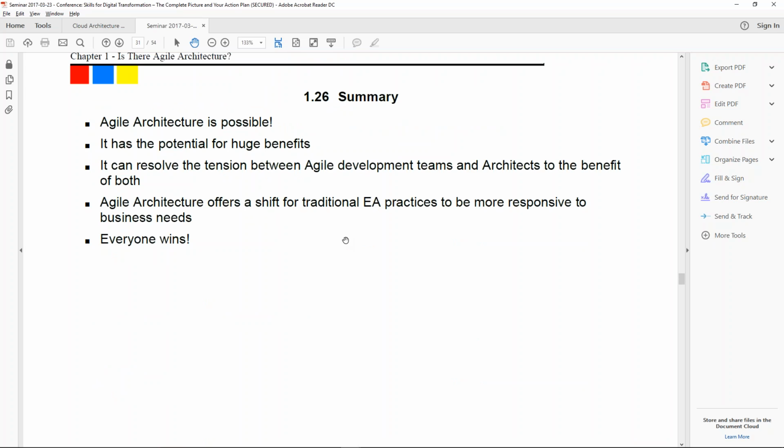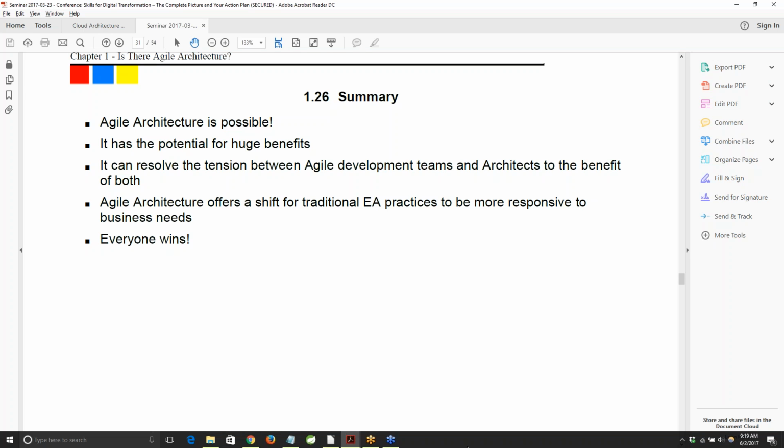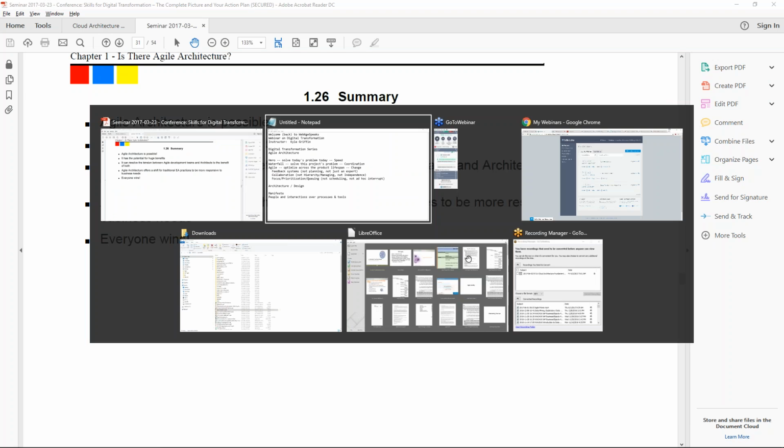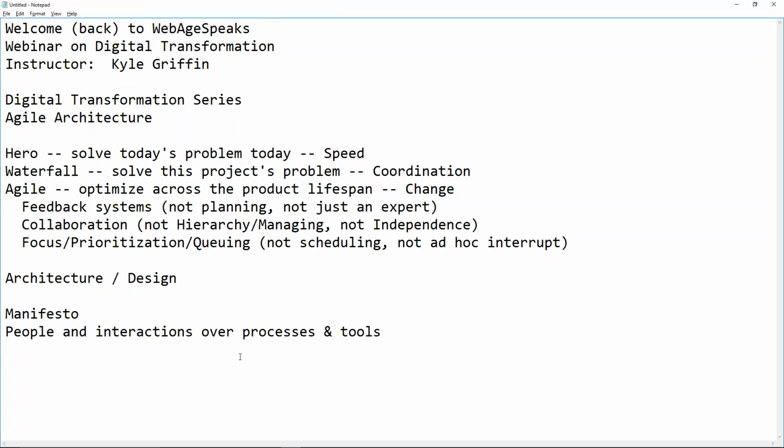Agile cares a lot about architecture, or at least some layers of Agile care a lot about architecture. Really short digression. Remember, maybe yesterday I said Agile has a bunch of categories.